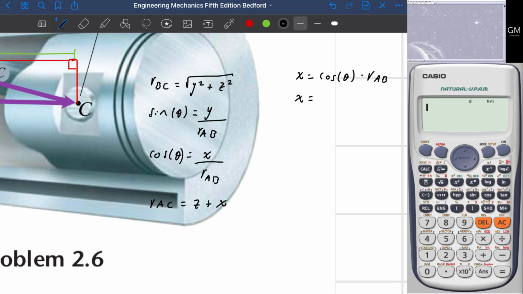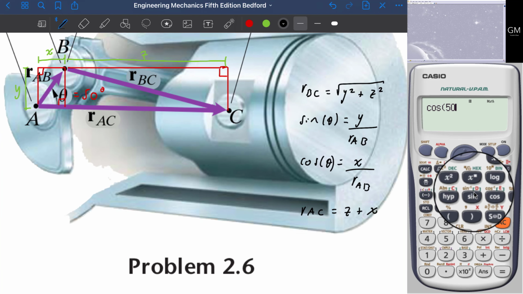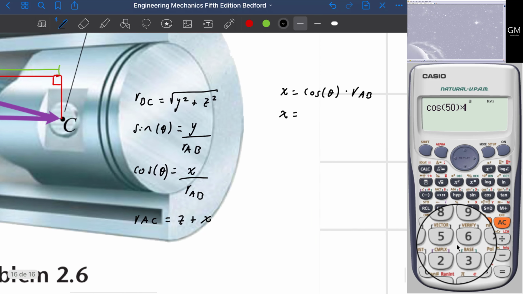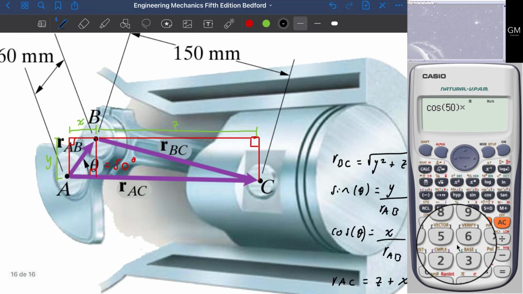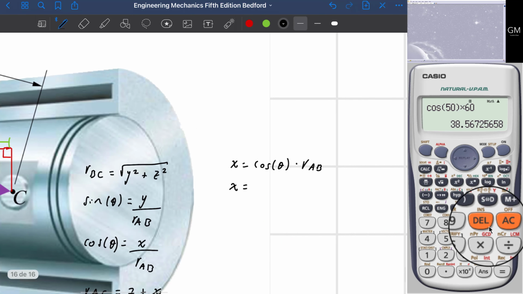That means that x is equal to the cosine of 50 multiplied by RAB, 60 millimeters. Okay, x is equal to 38.5672 millimeters. I'm going to use 4 significant digits after the comma. Okay, I have my first answer right here.